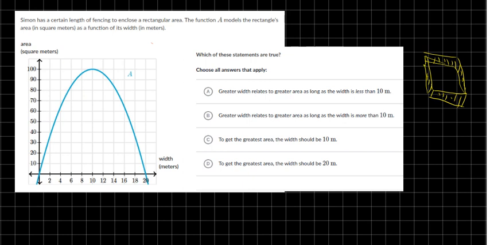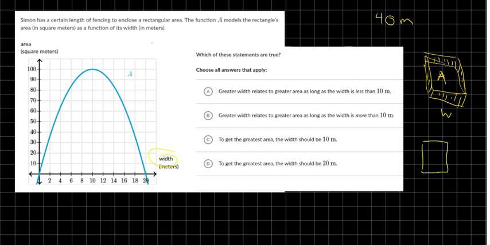All together, it looks like we have about 40 meters. And depending on how wide it is, here's our width, and depending on our width, we have a different area.